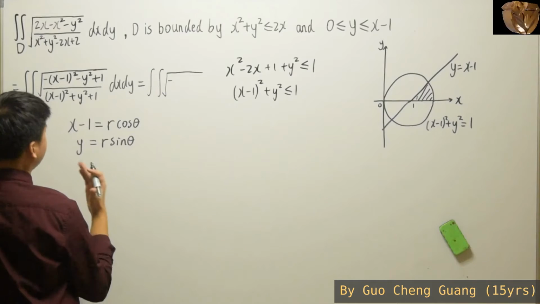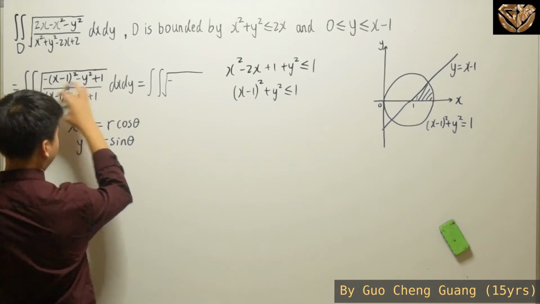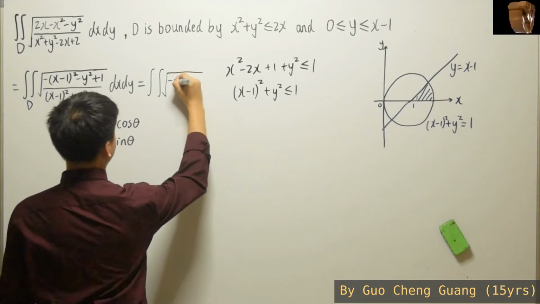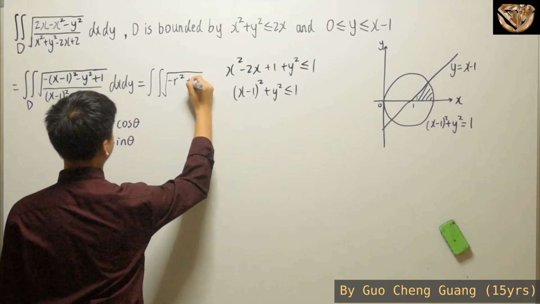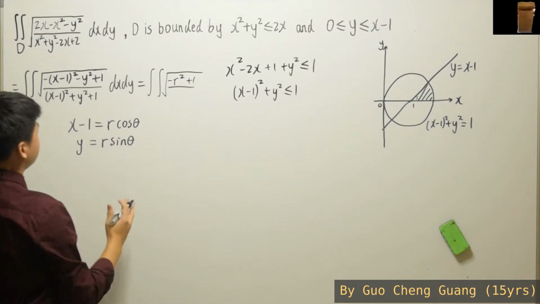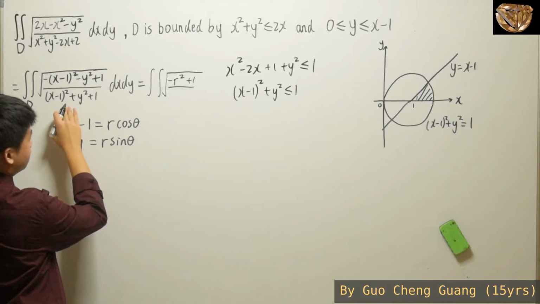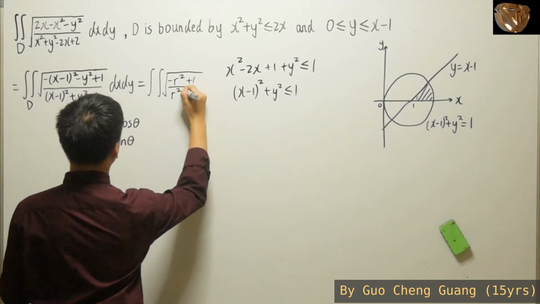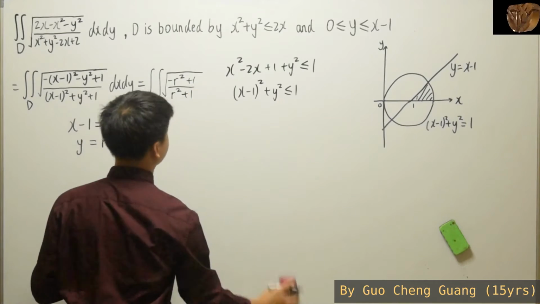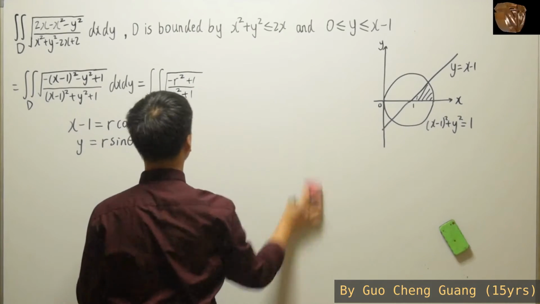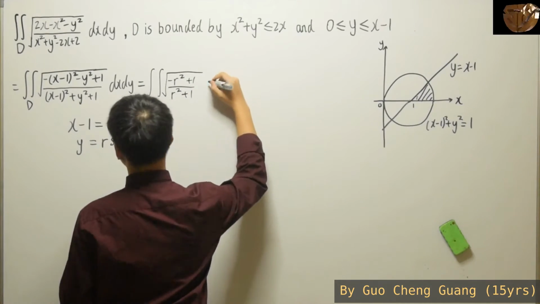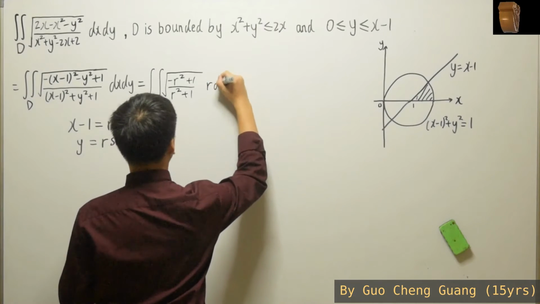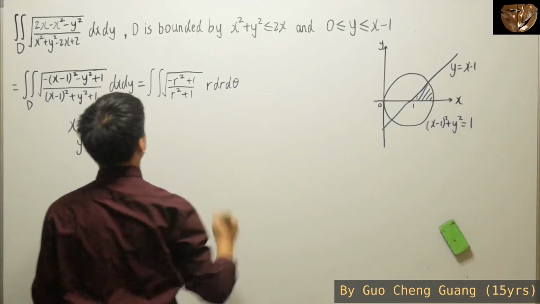If you can immediately recognize this form, you would be able to realize that this is pretty much a negative r square. Well, same goes for the denominator. R square cosine square theta plus r square sine square theta, that would just be r square. So you have r dr d theta.